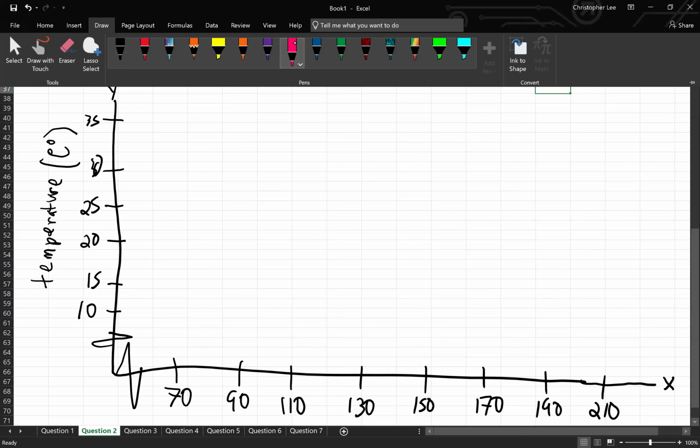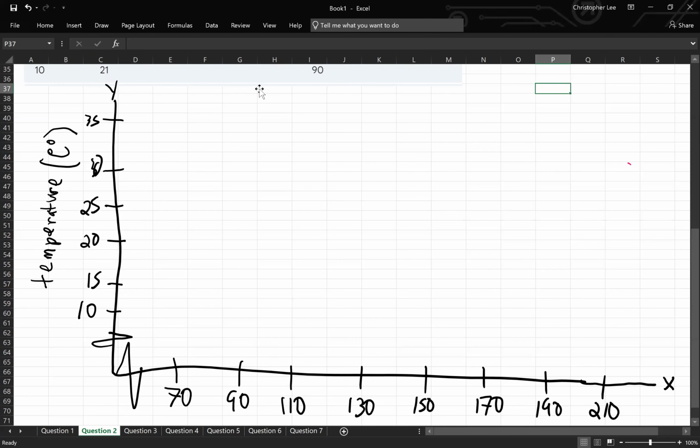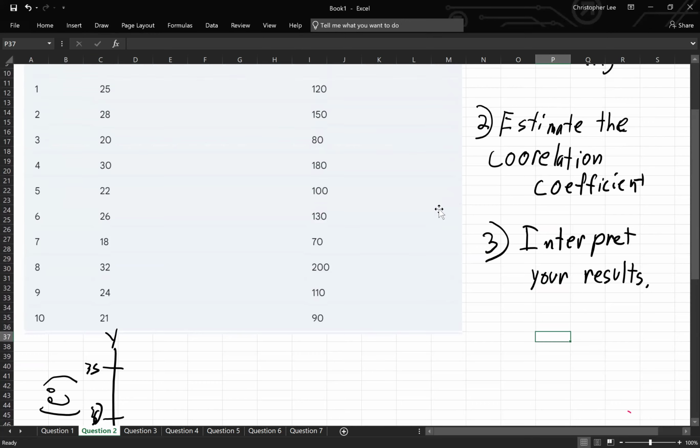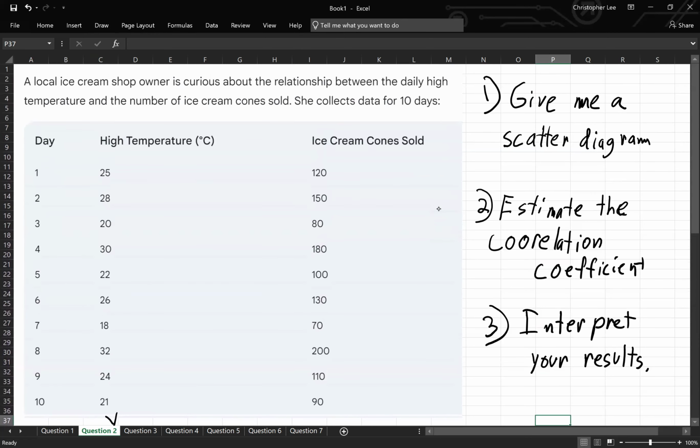And then now you just have to make your mark. I just want to be clear. I'm calling the ice cream my X, and my temperature I'm calling Y, right? So a pair is going to be, for example, 120 comma 25. That's going to be a pair. So it's always, for this story, this column and then this column.